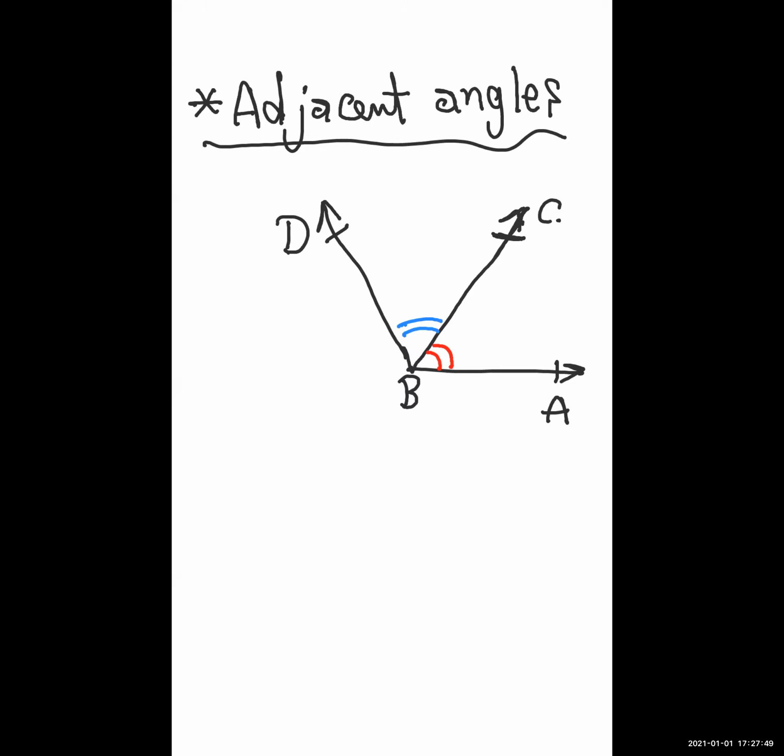So how can I define the adjacent angles or the conditions? Actually, the two angles will be adjacent if they have a common vertex. I mean the same starting points for the rays of the sides. So these two angles have the same vertex, of course, which is B. So now this one is the common vertex for the two angles.